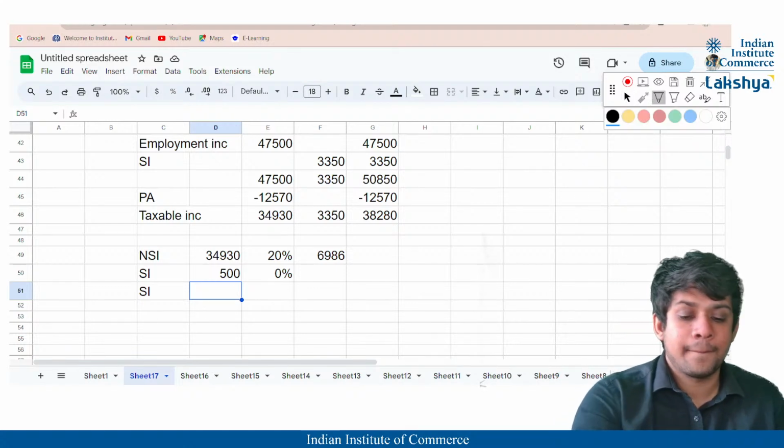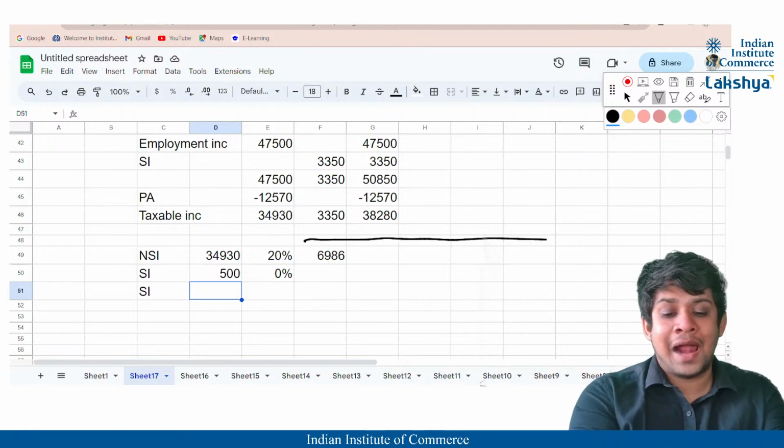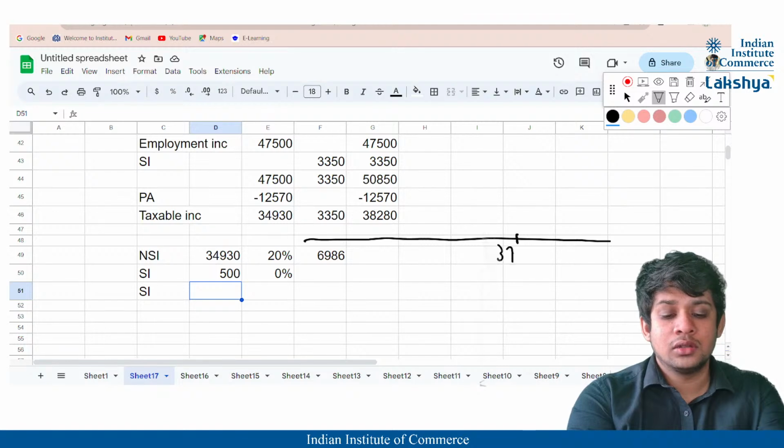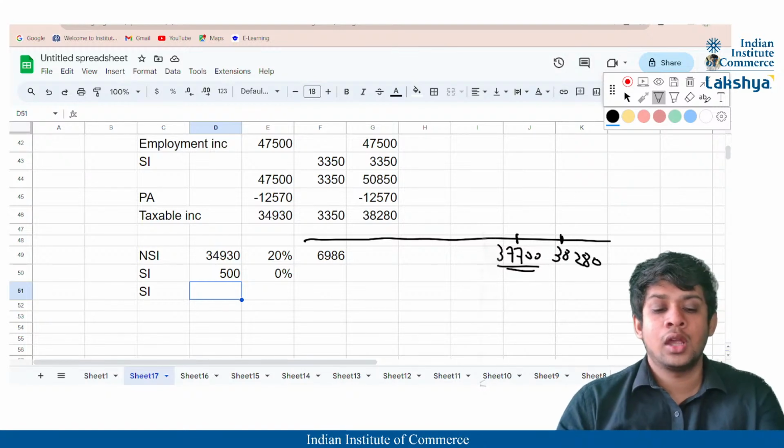Maybe see, this is your band, wherein 37,700 is somewhere here, but your total income is 38,280, correct?